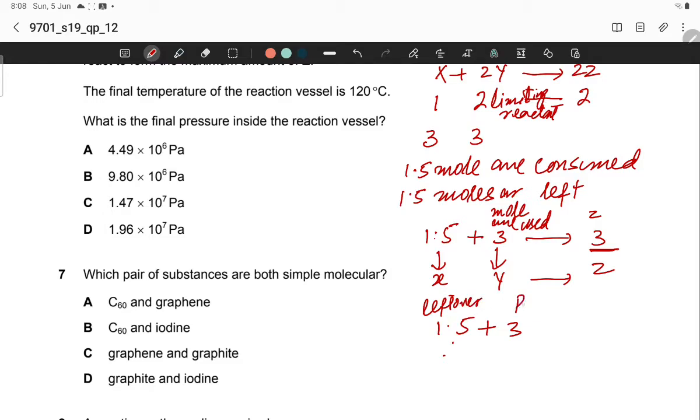The total moles are, this is Z mole and this is X mole, that is equal to 4.5 moles.